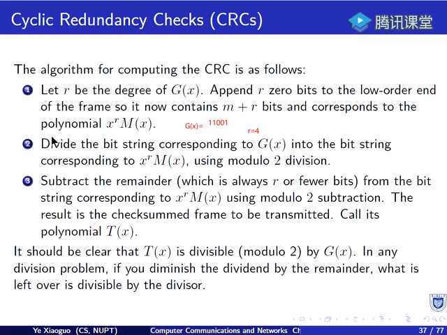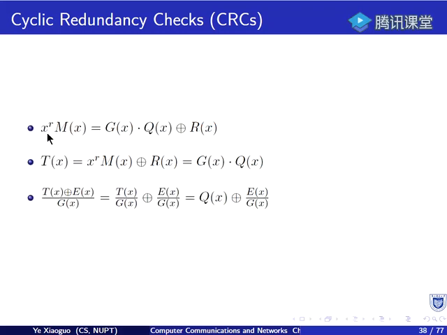Then step 2, divide by G(x). So x^R M(x) divided by G(x), we can get Q(x) plus the remainder R(x). Right? So then if we subtract or XOR R(x), then we get T(x).